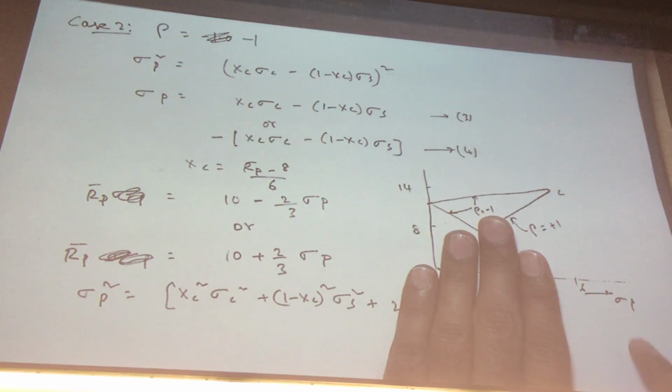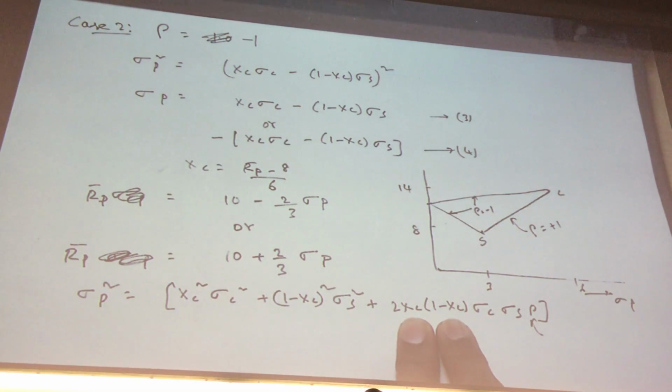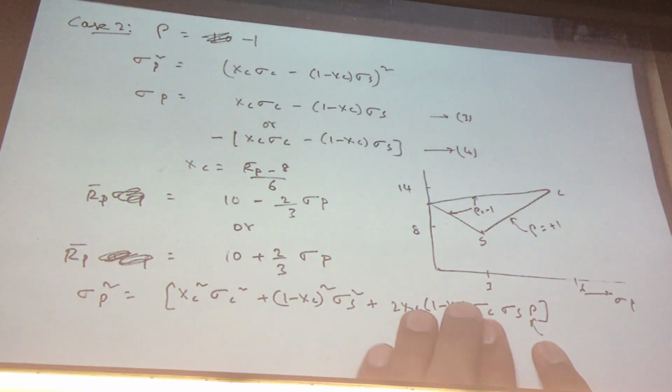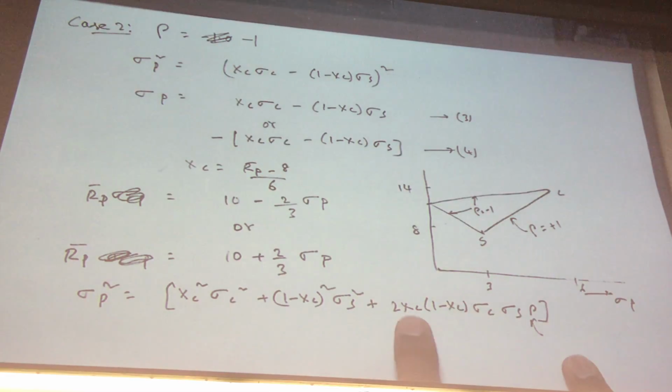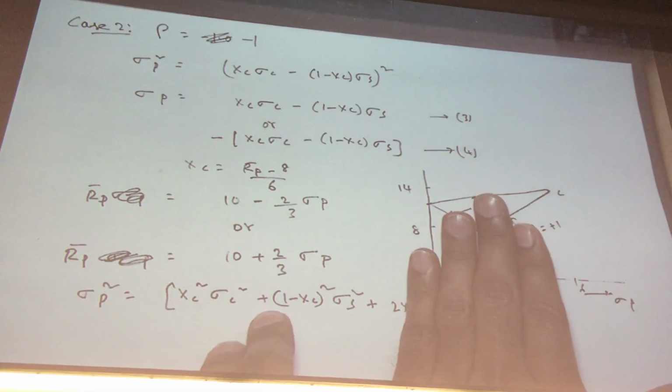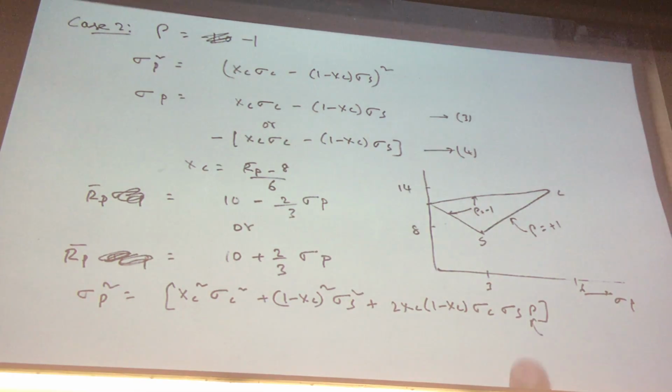Sometimes this term might take negative or positive, and that depends on the rho value, because xc is always positive, 1 minus xc is also positive because of our assumption, and sigma c, sigma s are also positive. So the only deciding factor is rho. If rho is negative, then you are subtracting something from the first two terms. So maximum subtraction is possible when rho equals -1.